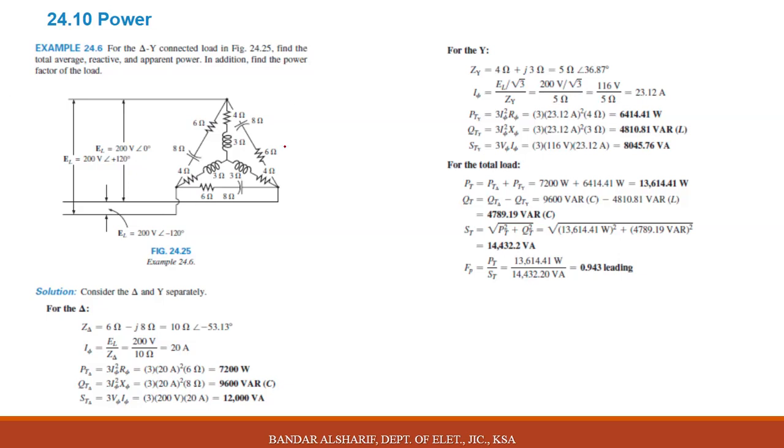Here, this circuit is a combination of Y and delta, so we need to find the power in the Y connection and the power in the delta connection and add them. For active power, there is a resistor in delta and a resistor in Y; we will find this and this and add them. For reactive power, we have an inductor in the Y connection and a capacitor in the delta connection.